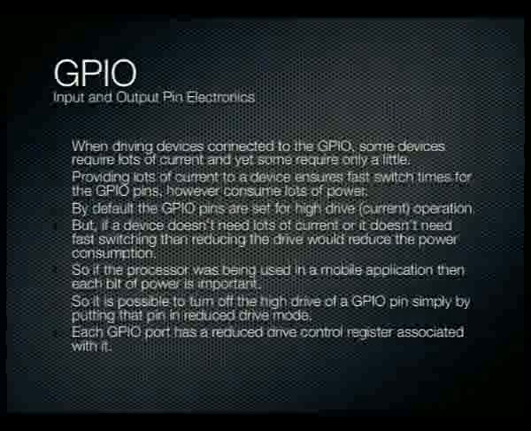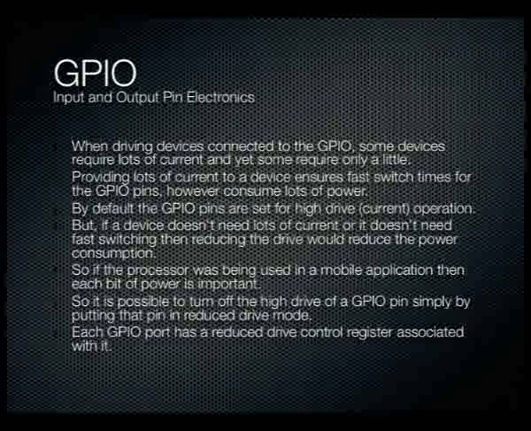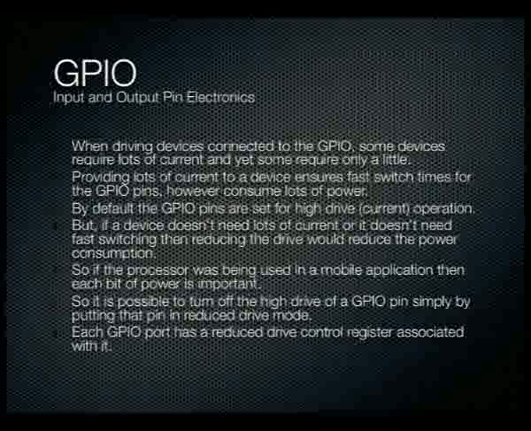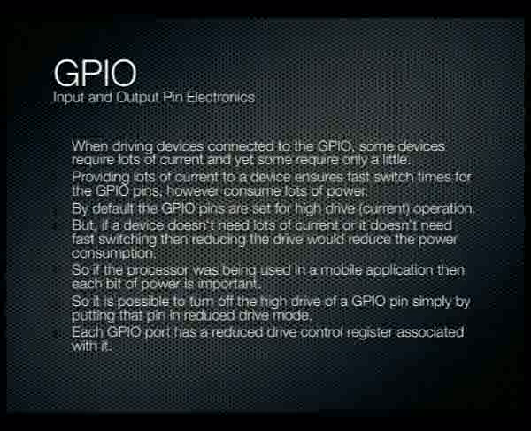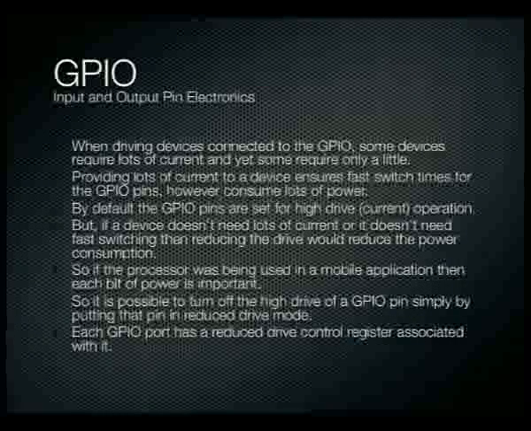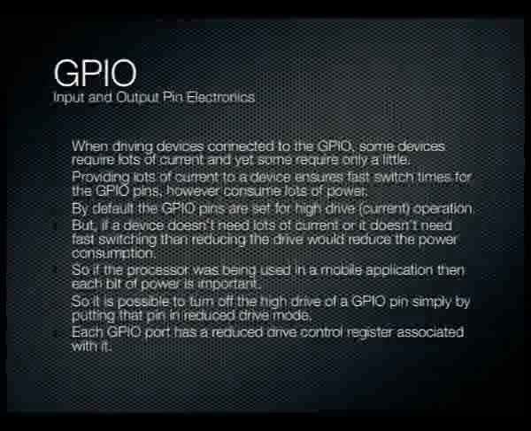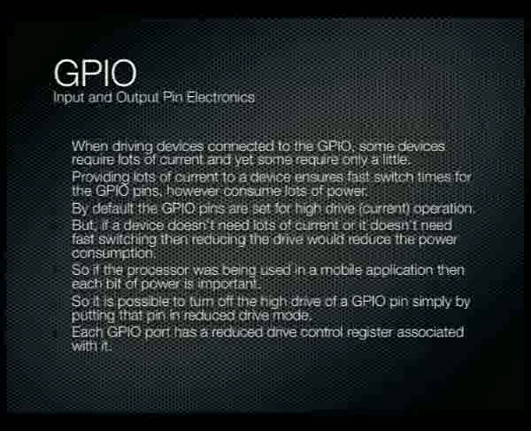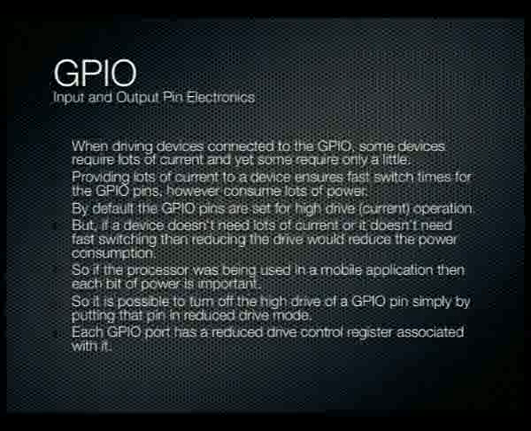But if a device doesn't need lots of current, or it doesn't need fast switching, then reducing the drive would also reduce the amount of power that you consume. So if we were using this processor in a mobile application, then each bit of power is extremely important. So you might want to turn on reduced drive for that particular port.